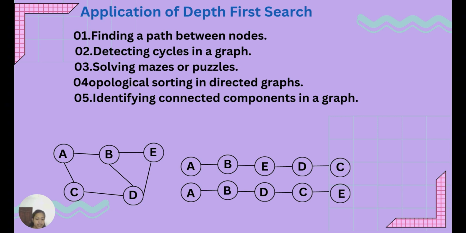It starts with A. From A we can go to B and C. Let's go to B. After going to B, we can go to D and E. Let's go to E. From E, we can go to D. From D, we can go to C. Okay, now we have nowhere to go again.